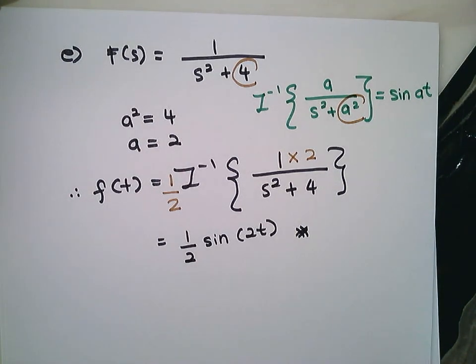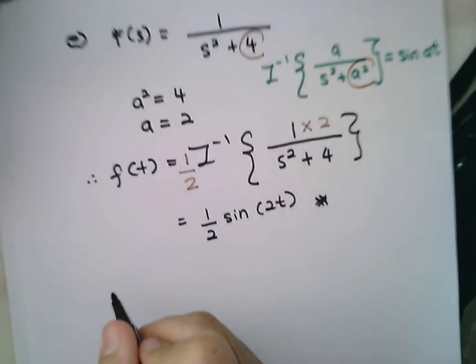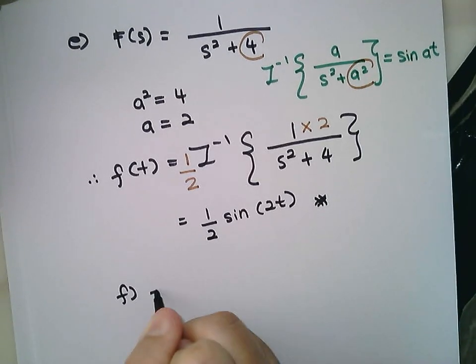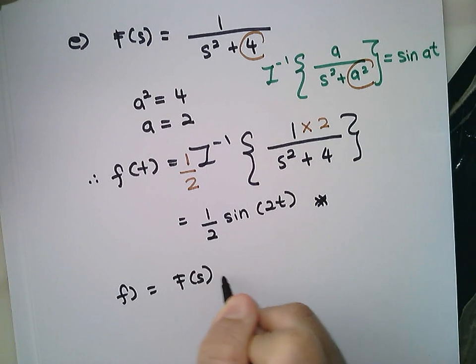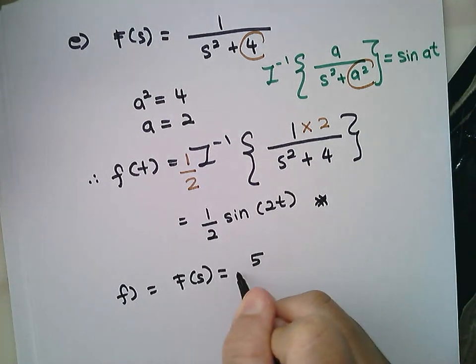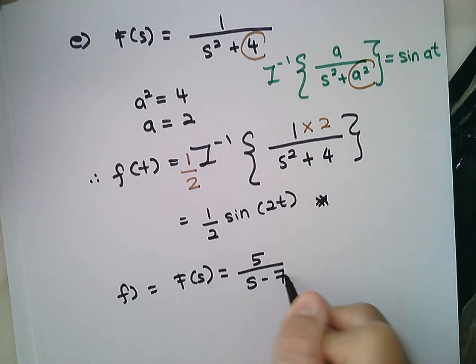Okay, so the next one is, if your F(s) is equal to 5 over s minus 7.